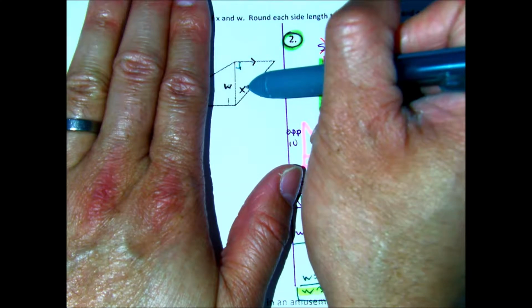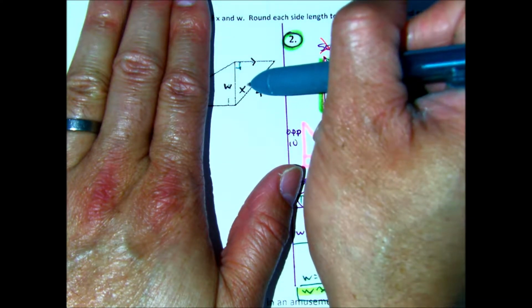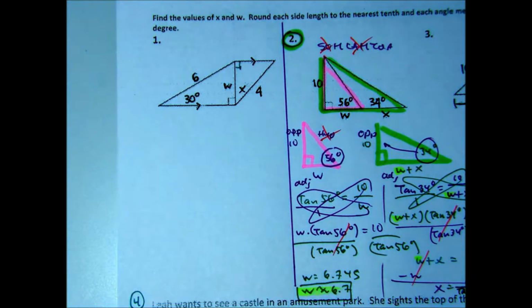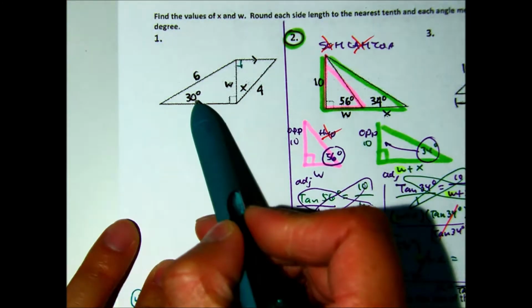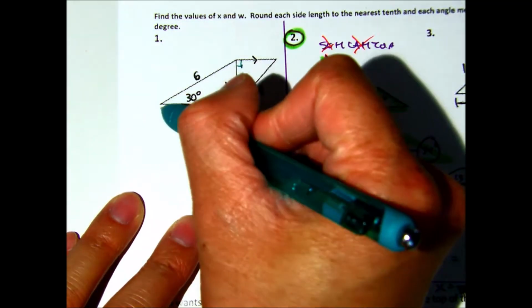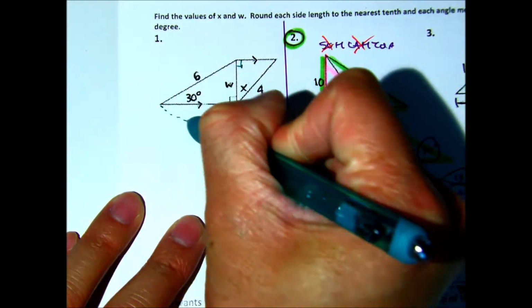If I were doing the problem, the one big clue is this 30-degree angle. And how can I use this 30-degree angle? Class, what am I making? What type of triangle?